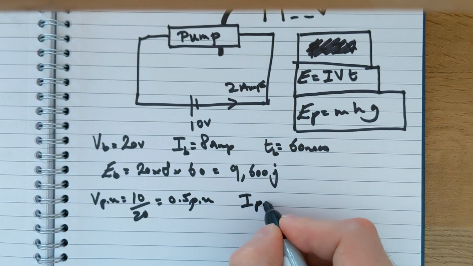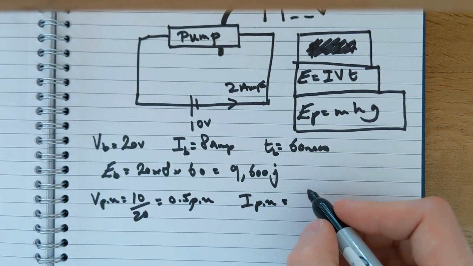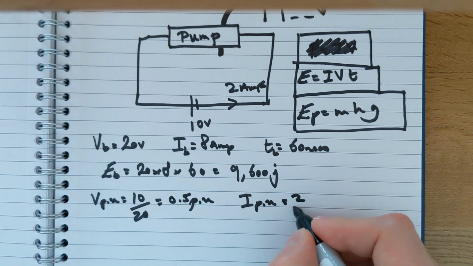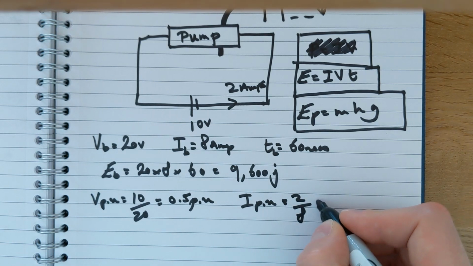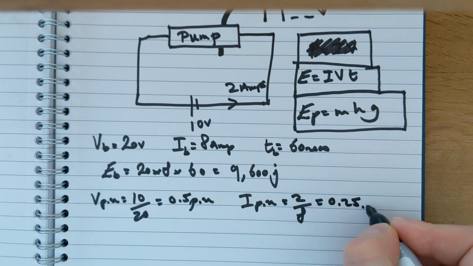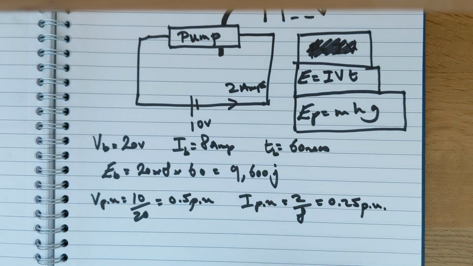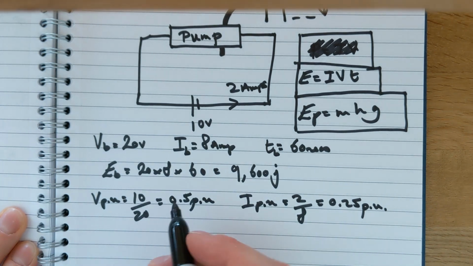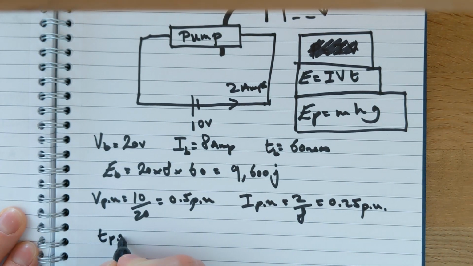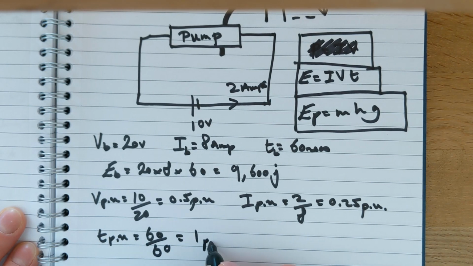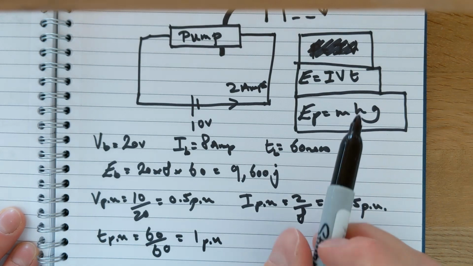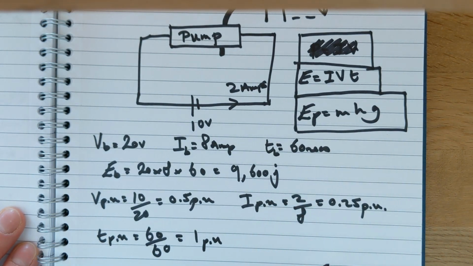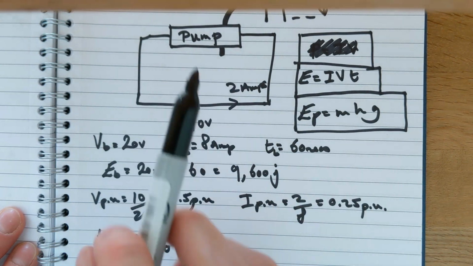And our current per unit is 2 divided by 8, which is 0.25 per unit. And our time per unit is relatively trivial, because that's 60 divided by 60, which equals 1 per unit. And then we can use this equation up here to work out the energy used by the pump in this circuit.